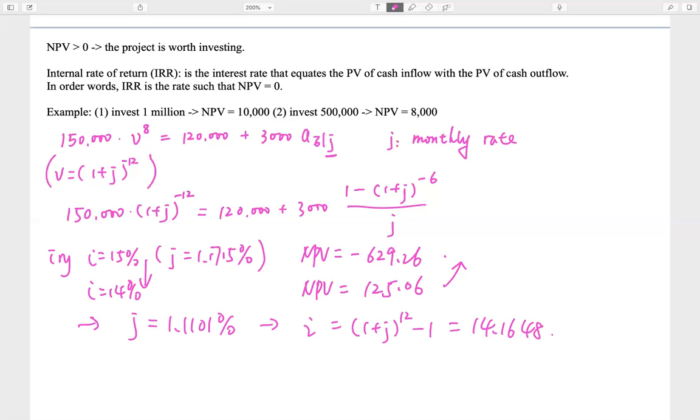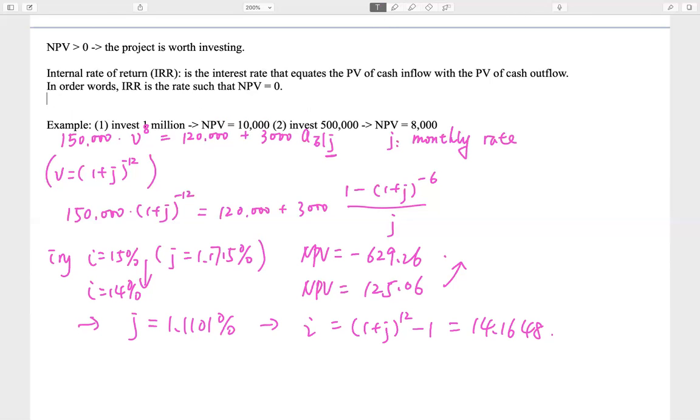I should also mention that by convention, we quote IRR in annual effective rate. So it's the corresponding i for the project. In this case, it's a little bit above 14%.